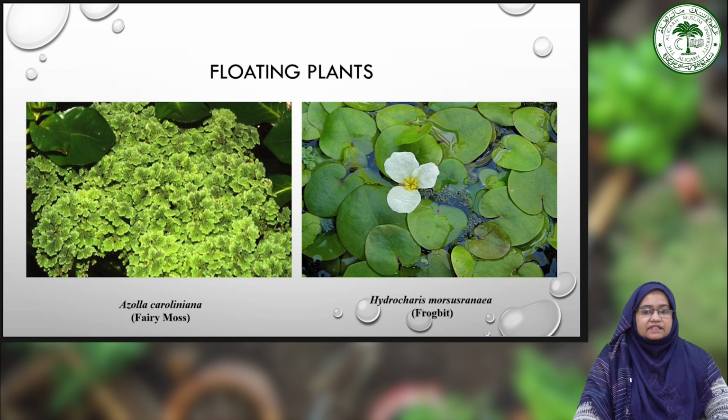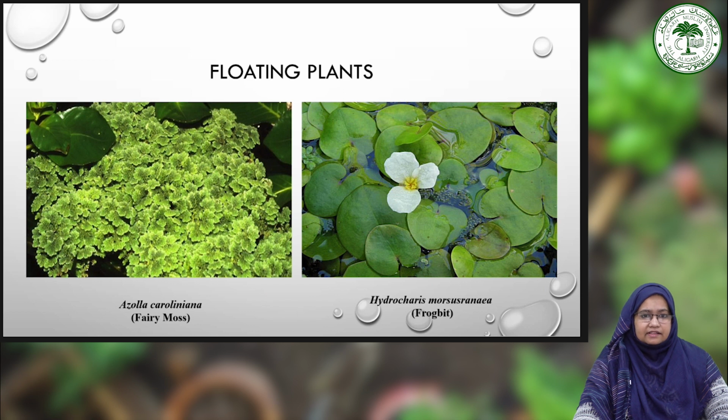The most common example of a floating plant used in water gardens is azolla, and the one shown in the next image is Hydrocharis morsus-ranae, which is also known as the frogbit, and the first one is known as the fairy moss.